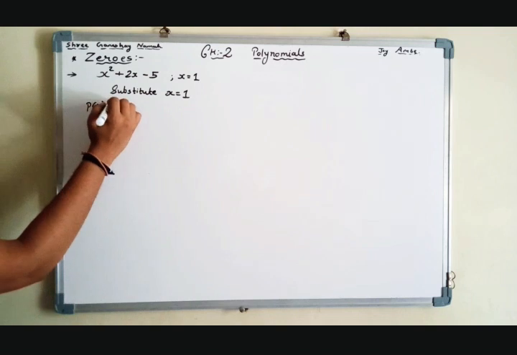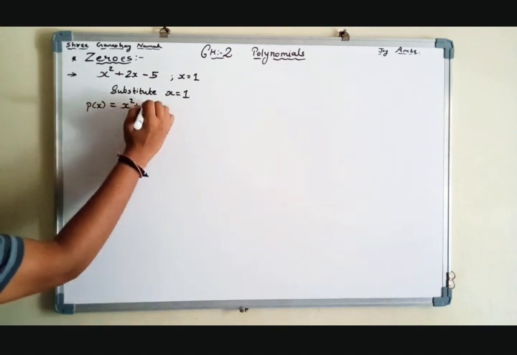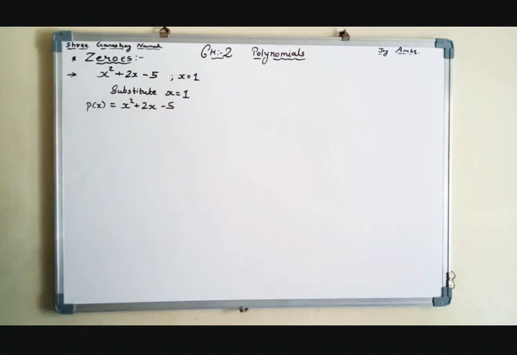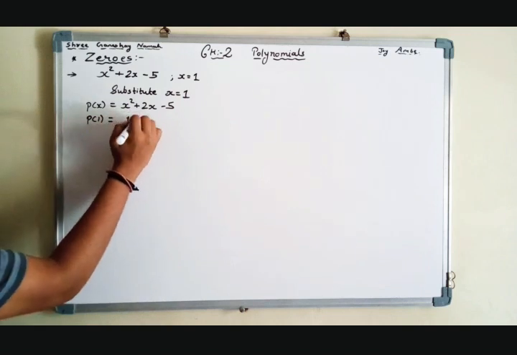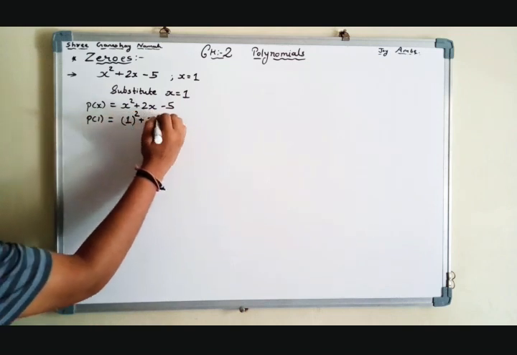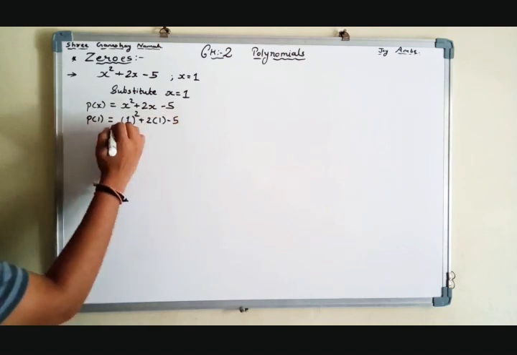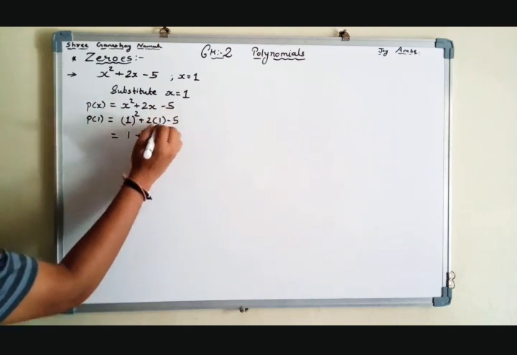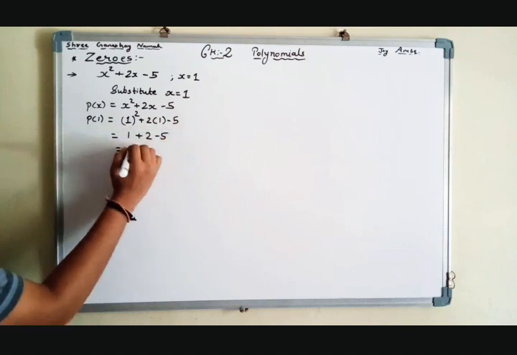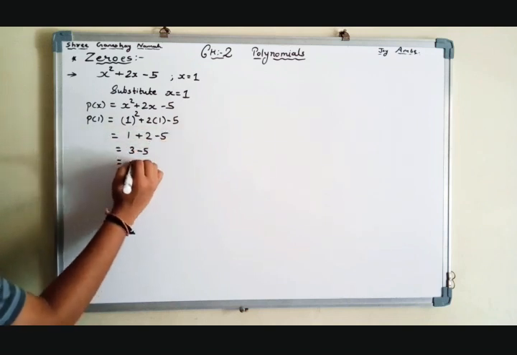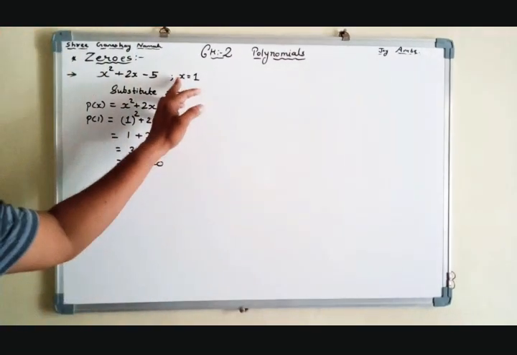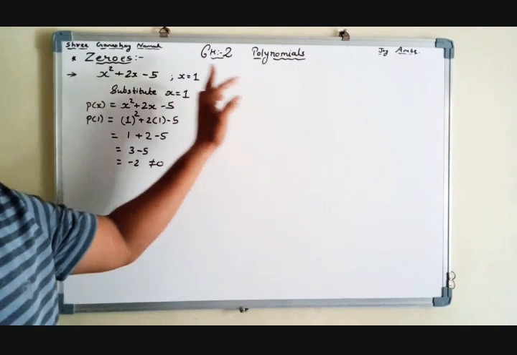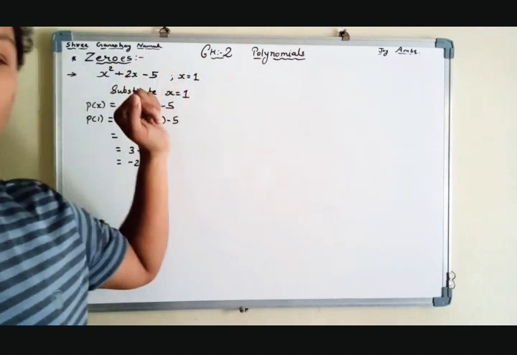P of x is given in our question. If we put x equals 1, where you see x, just replace it by 1. 1 square is 1, 2 ones are 2, minus 5, that is 3 minus 5, which equals minus 2, which is not equal to 0. That means x equals 1 is not a zero of this quadratic polynomial.